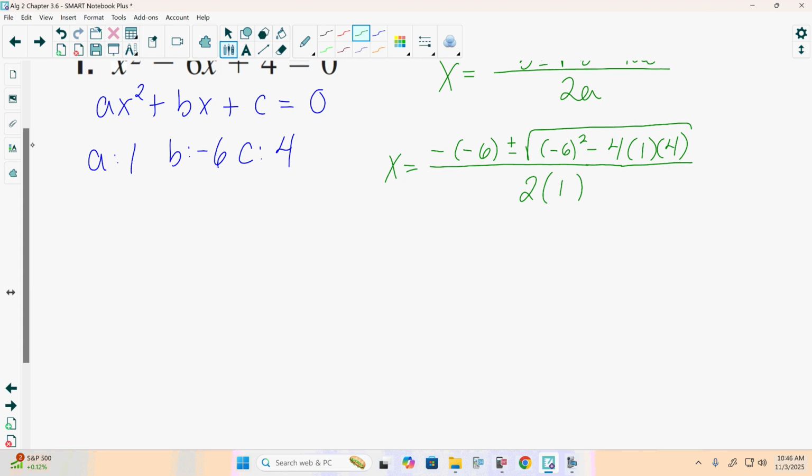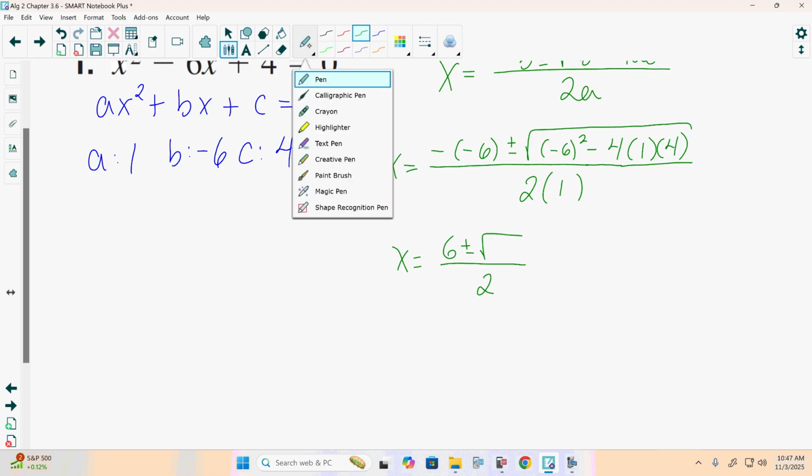Now at this point we need to do some simplifying. The first thing we're going to simplify is the negative 6. Our negative and negative make a positive, so we have 6. On the bottom, the denominator, we have 2 times 1, and 2 times 1 is just 2. Now we need to calculate what's inside the square root.